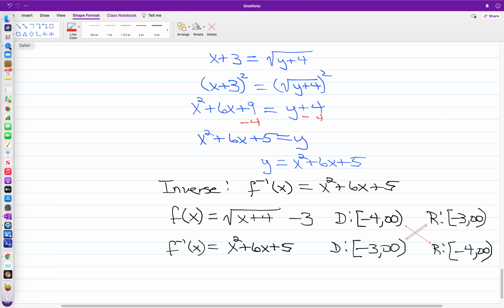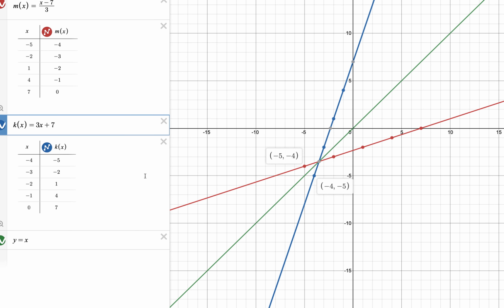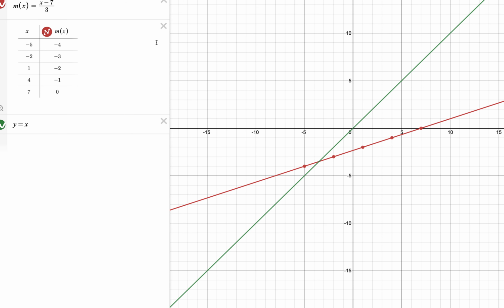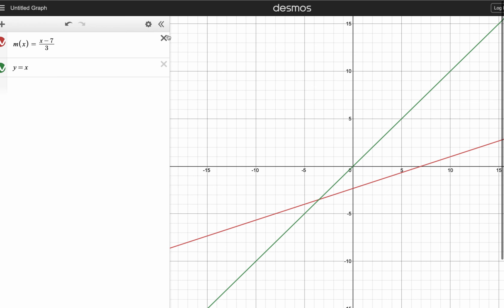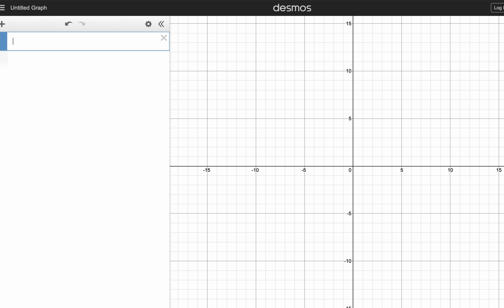And I'm just going to go ahead and squeeze this in just to illustrate something, an added dimension to be looking into. So we have, again, f of x is equal to the square root of x plus 4 minus 3.